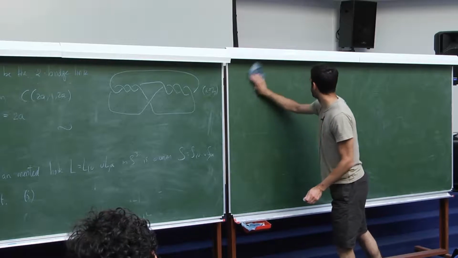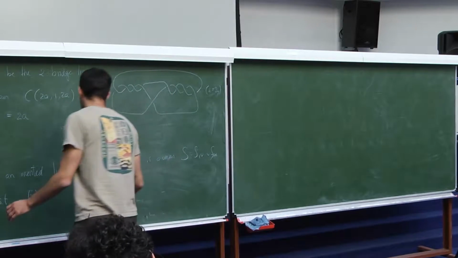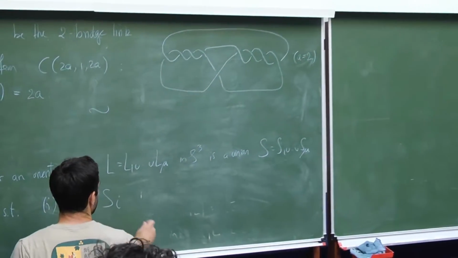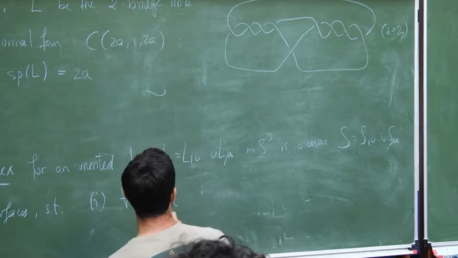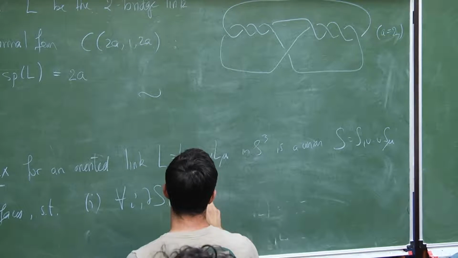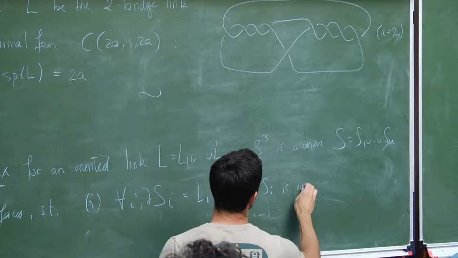So, first condition, for each i, the oriented boundary of S_i is equal to L_i, and let's say S_i is connected.